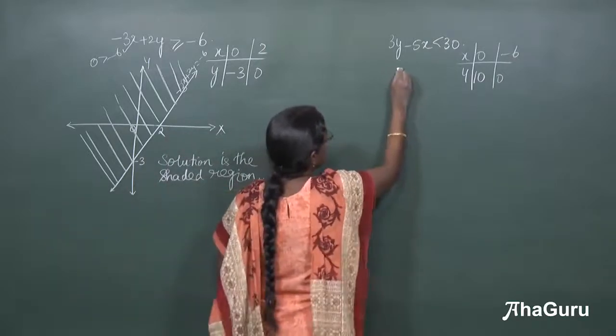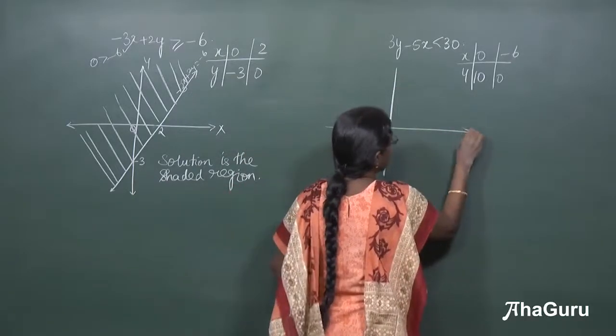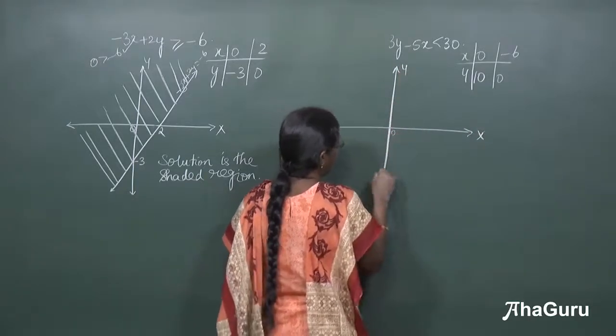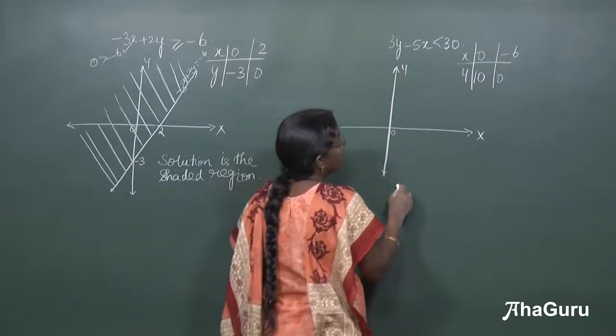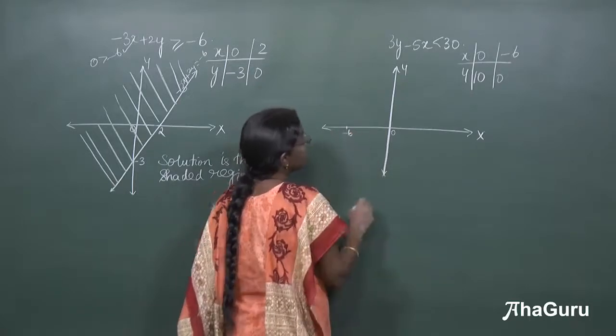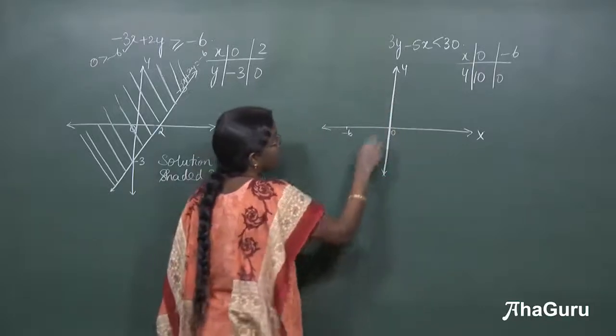Right. Now, in the graph, choose a proper scale. What are the points we need? On the x-axis, the point we need is minus 6, and on the y-axis it's the point 10, right?